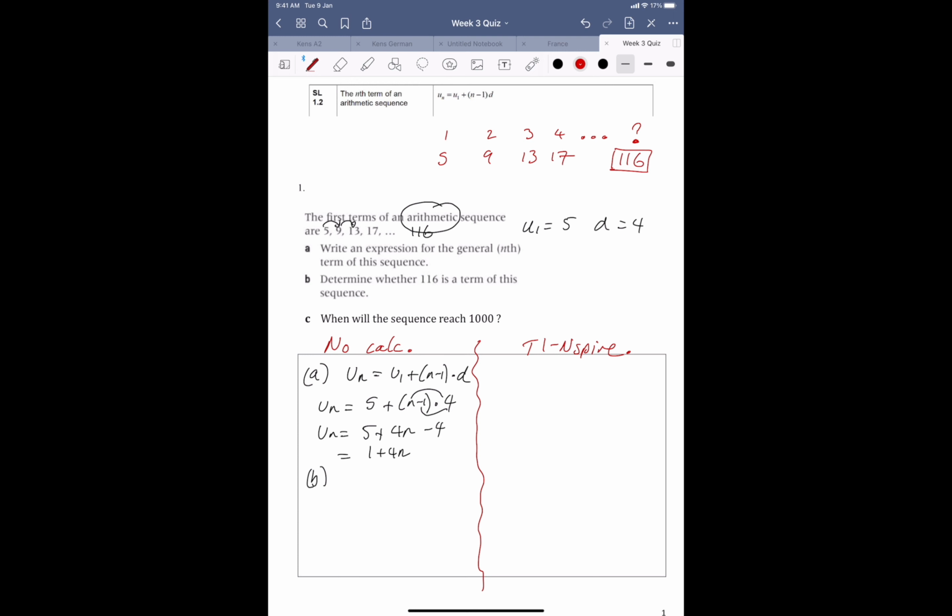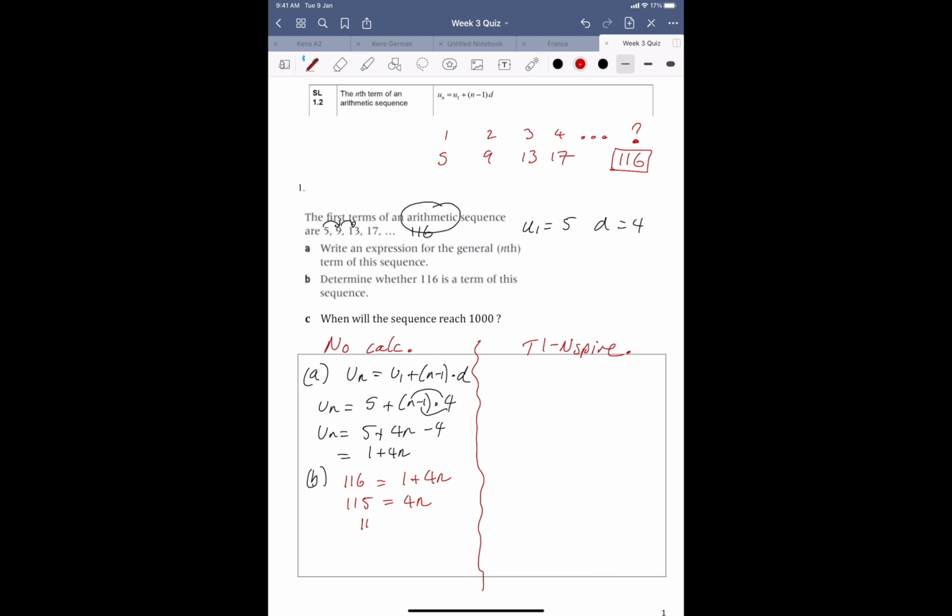So we're trying to solve 116. Does 116 appear in the sequence? So we're going to solve this, right? And so we subtract 1. And then we don't even need to do the calculation, because you can see 115 is an odd number.